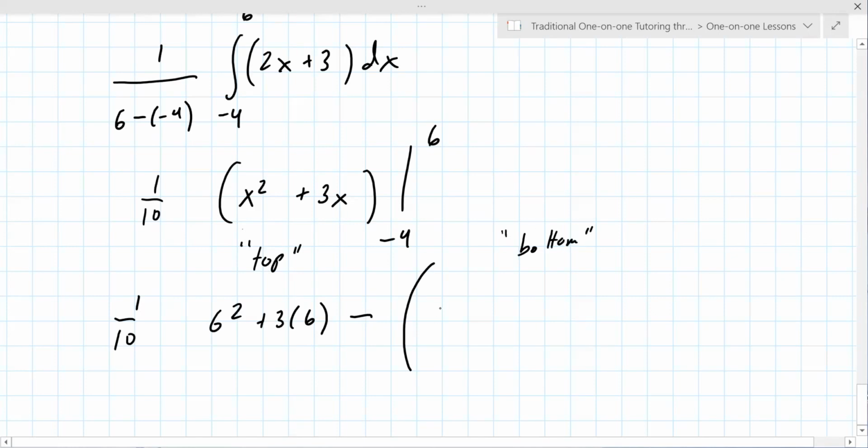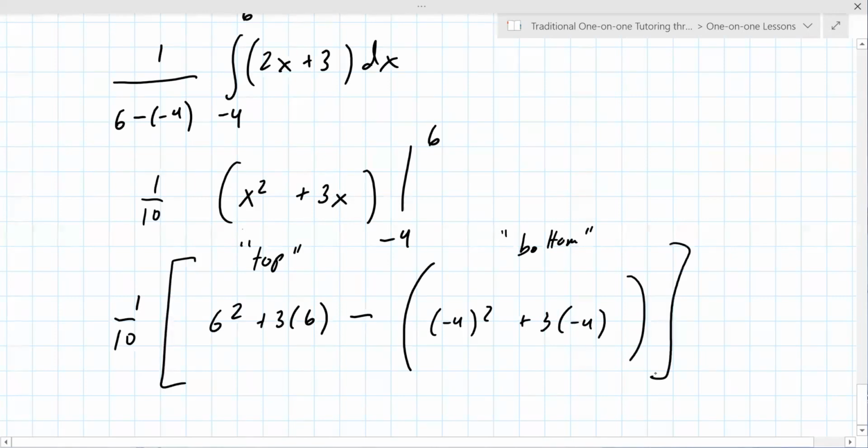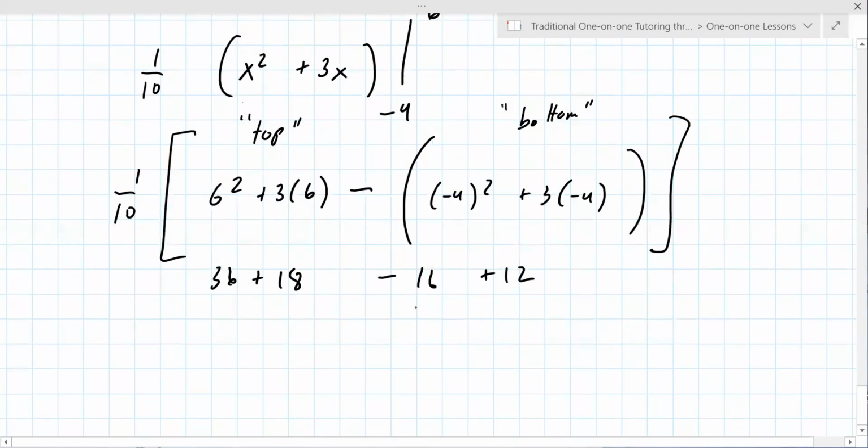So it's 36 plus 18 minus 16 plus or minus 12. So then that's 2. Minus 12, negative 10, 26. Oh, what?